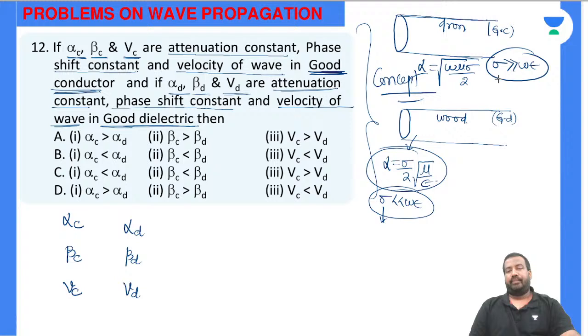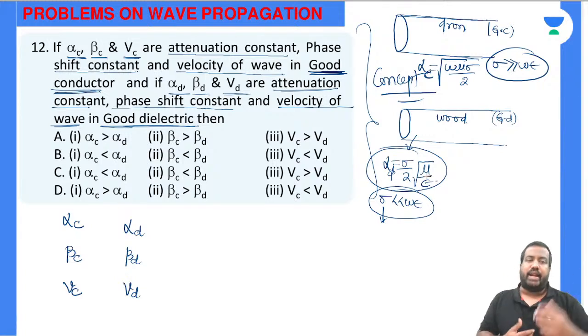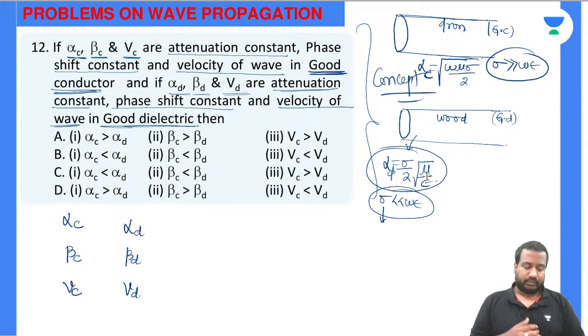If you compare, this is alpha C, attenuation in good conductor, and this is attenuation in good dielectric. Sigma is small here, large there. Where will the wave get more attenuated, in iron or wood? It gets more attenuated in iron.